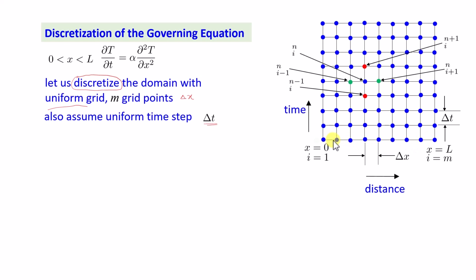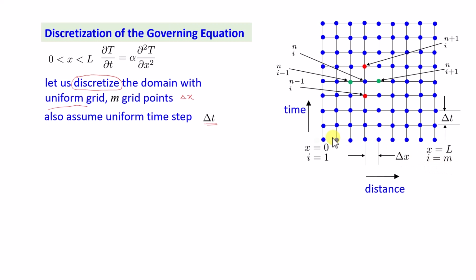That means we are only seeking solution at certain discrete points, which in this case are delta x apart from each other. Now I give these points an index of i, and the first point is i equals 1 and the last point is i equals m.